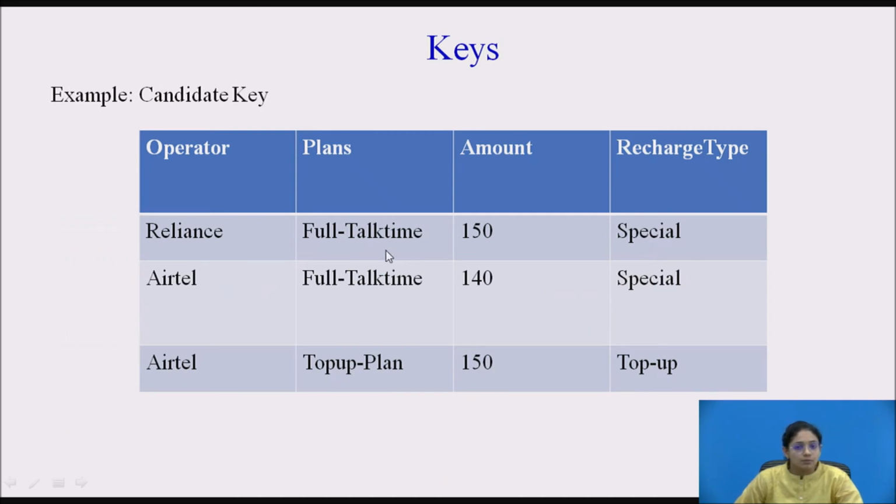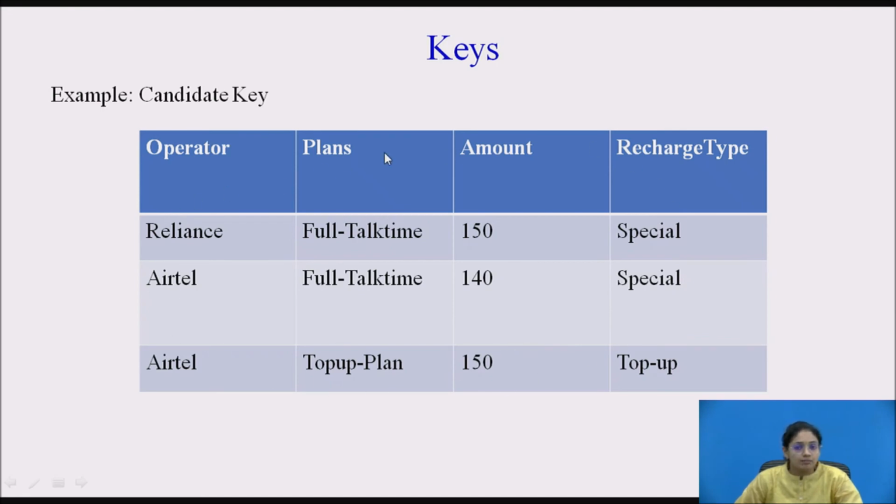Here is an example of a candidate key. You have a table with columns operators, plans, amount, and recharge type. You can see the operator Airtel is repeating, so there is duplication of data. Here also there is duplication of data. In plans also you have duplicate data, and in amount also you have duplication of data.